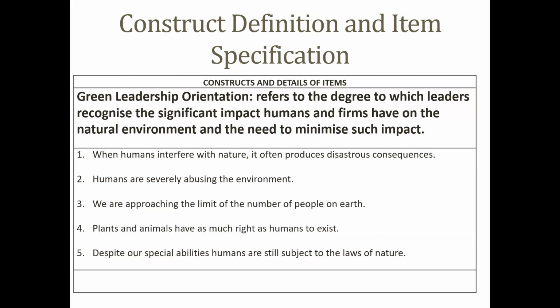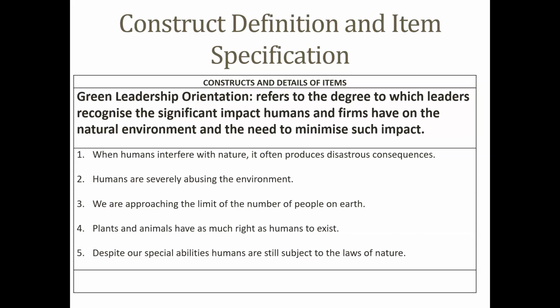The second statement, humans are severely abusing the environment. It means our activities are harming the environment. If I consent to this statement, then it shows that I am aware and accepting that human activities are ruining the environment. The third statement is that we are approaching the limit of the number of people on Earth.